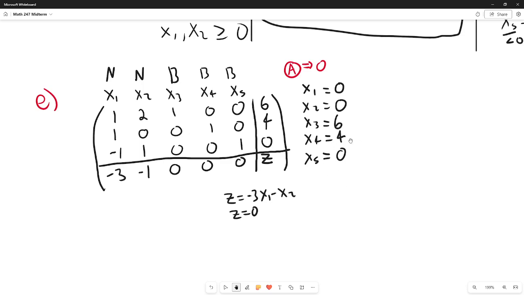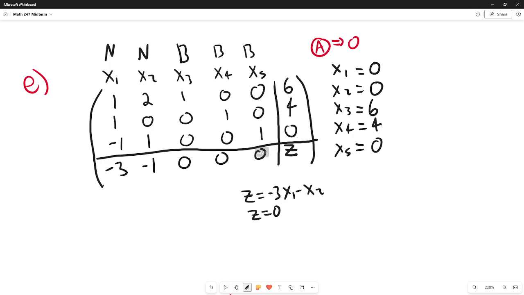So to get closer to the most optimal solution, we're going to swap the column containing the lowest coefficient here, in this case -3. We're going to swap this with one of the basic columns, either x3, x4, or x5.